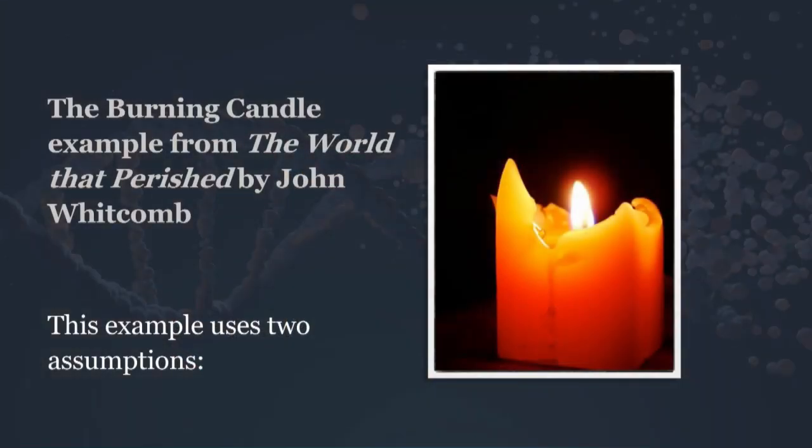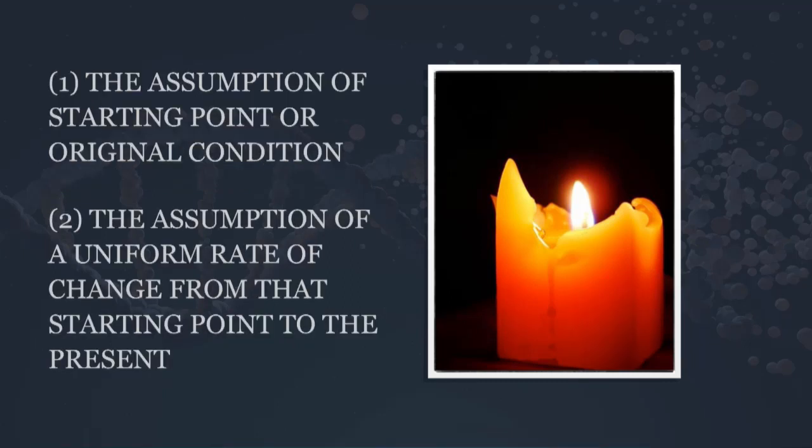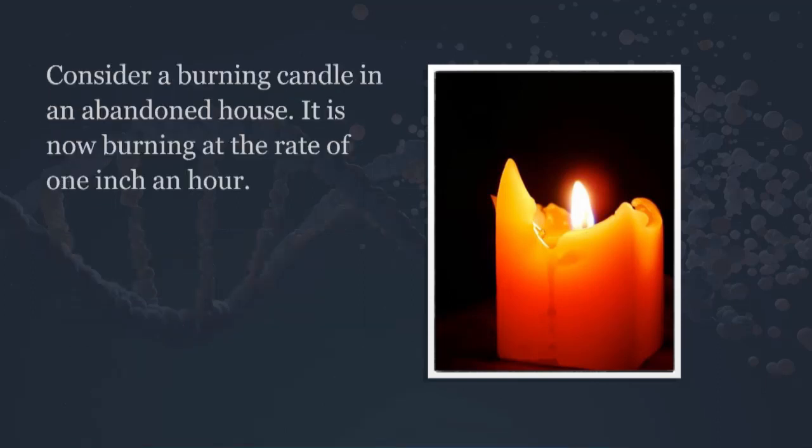Now, we're going to give 2 examples of this. This first one comes from John Whitcomb's book, The World That Perished, and this example uses 2 assumptions. Number 1, the assumption of starting point or original condition, and 2, the assumption of a uniform rate of change from that starting point to the present. Consider a burning candle. You go into an abandoned house, and there is a candle, it's burning.